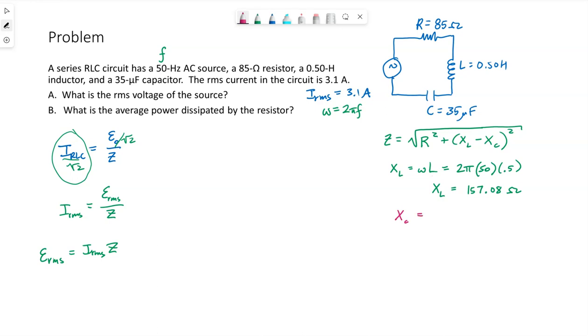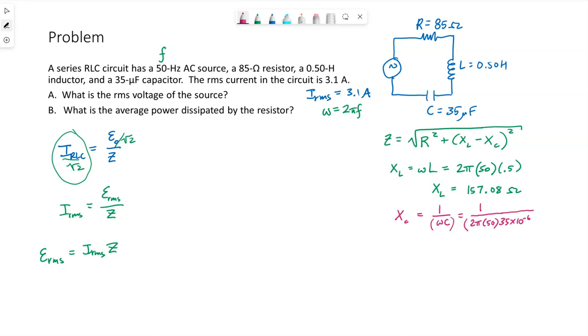XC is 1 over omega C. I think the reason this one's most commonly miscalculated is we forget to put the parentheses around the whole denominator. We know omega is 2 pi f, and f is 50 Hertz. Now we need to multiply by our capacitance, which is 35 micro.